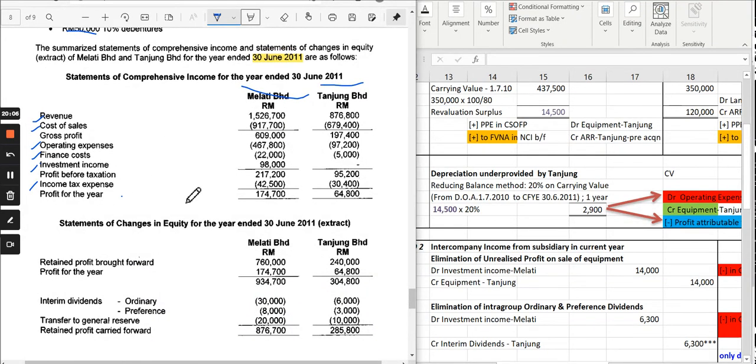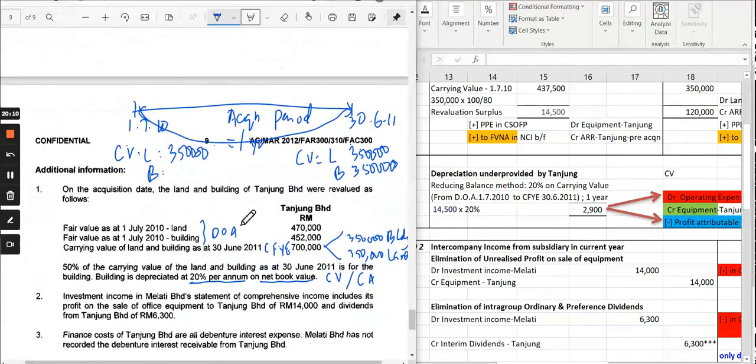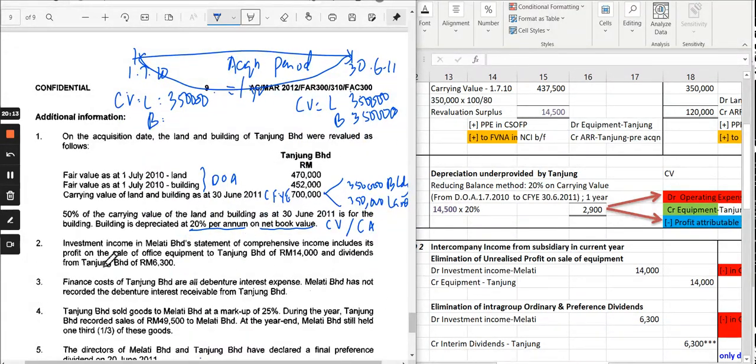This is the one, investment income, 98,000, Melati. Includes profit on sale of equipment to Tanjung. So profit on sale of equipment that is in between group member, Tanjung is the subsidiary, right? And that profit 14,000 is an intercompany transaction.